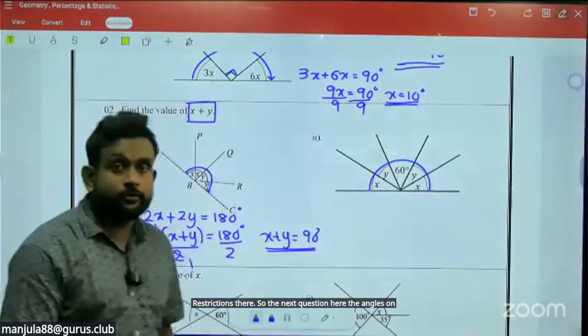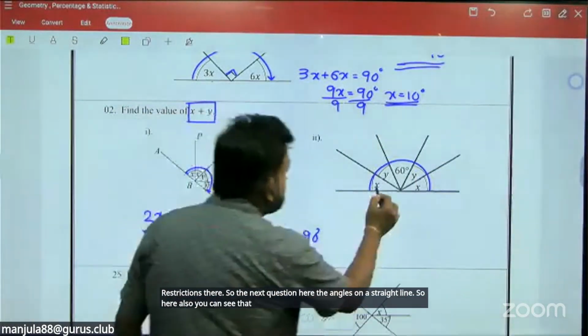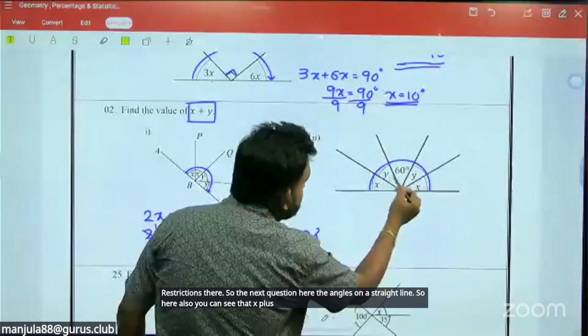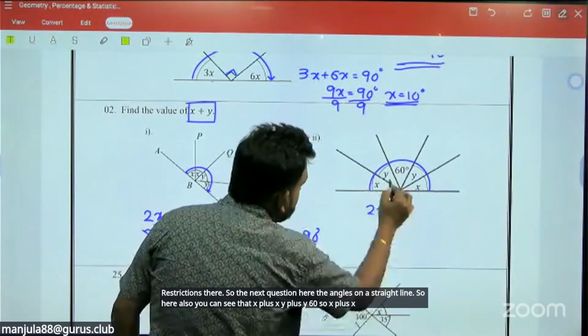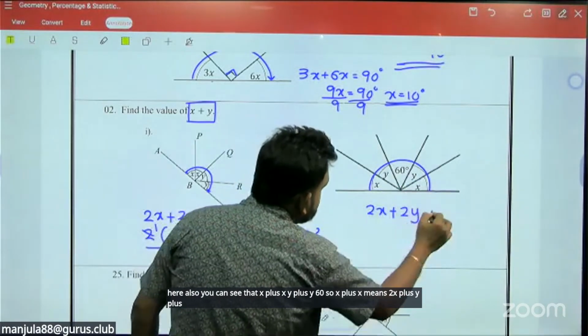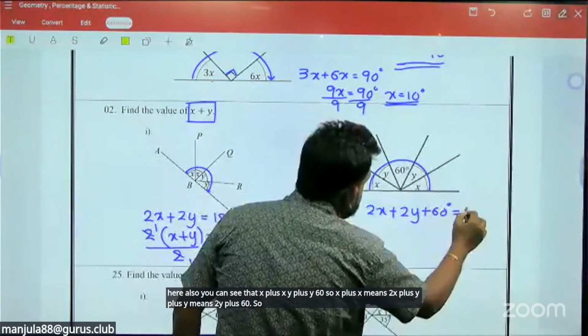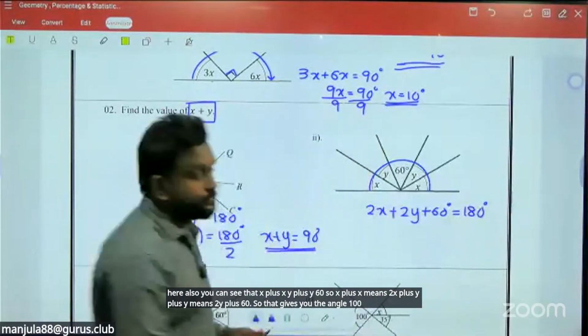So here also you can see that x plus x, y plus y, 60. So x plus x means 2x, plus y plus y means 2y, plus 60. That gives you the angle 180.